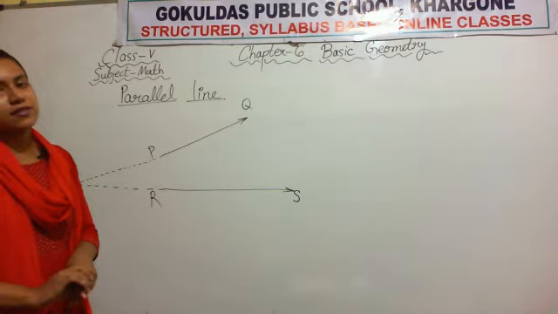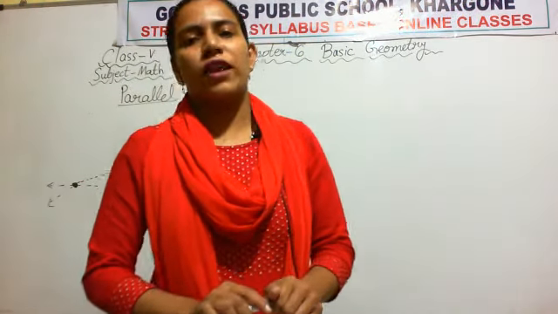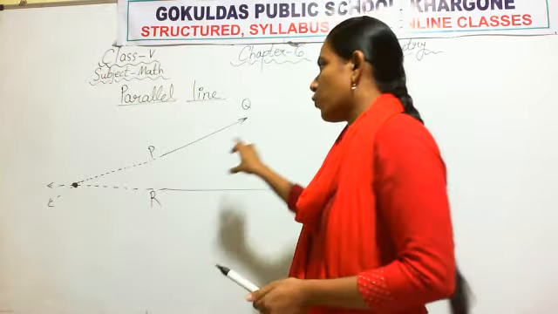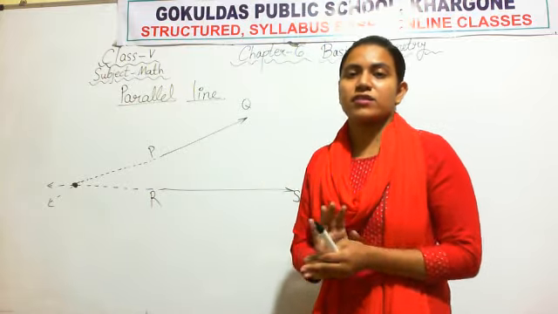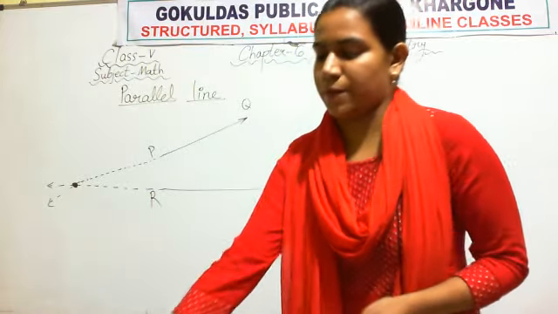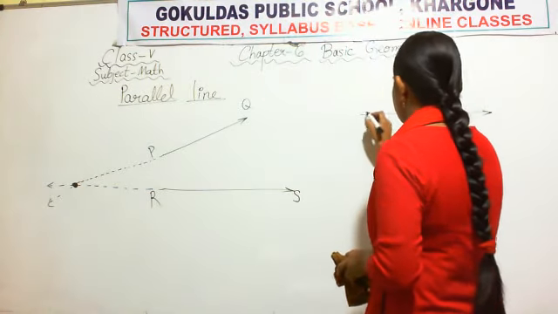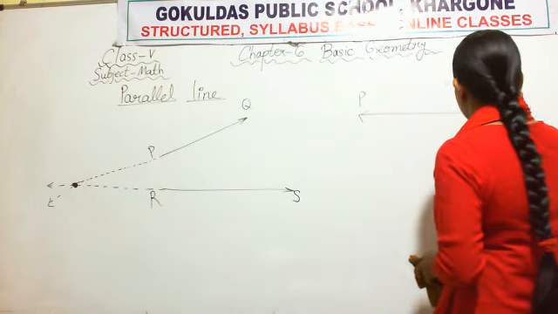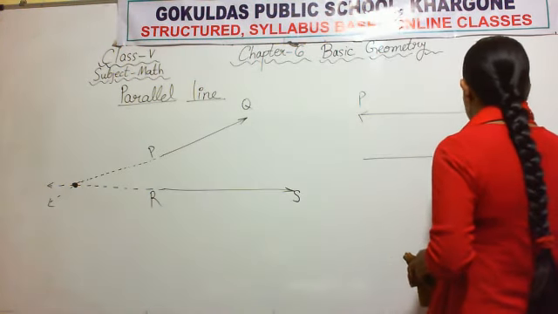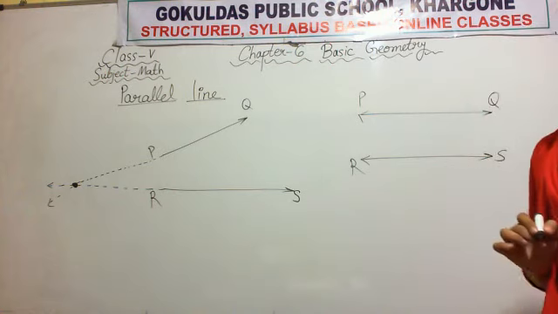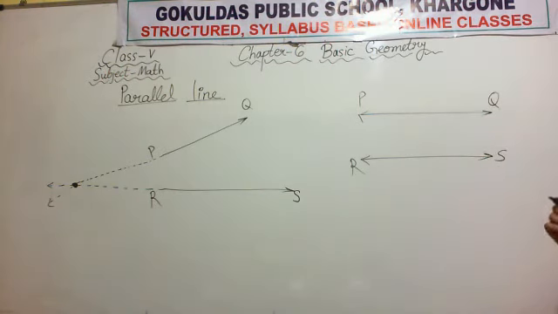So what is the condition for two lines to be parallel? The condition is that both the lines must not cross each other. If both the lines PQ and RS are in this position, they are known as parallel. Why?